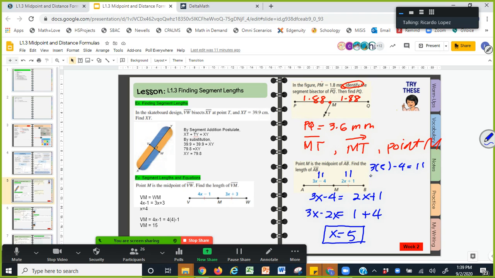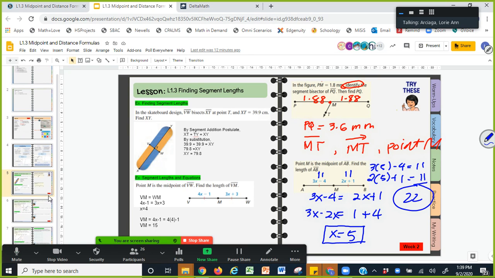You can check by substituting it into the other equation and adding them together: 22. So make them equal, substitute into the expressions, or, as Ricardo said, I know M is the midpoint, so that means it will also be 11 for the other part. Thanks, James and Ricardo, for sharing.